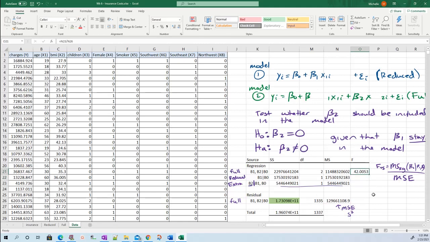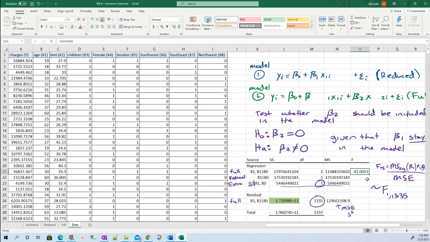That's my F statistic. So what distribution does this F statistic have? Well, assuming that our model errors are normally distributed with mean 0 and constant standard deviation, like homogeneous variance, and all of our assumptions are met, then this follows an F distribution, and its degrees of freedom in the numerator is 1, right here, and its degrees of freedom in the denominator is 1335.